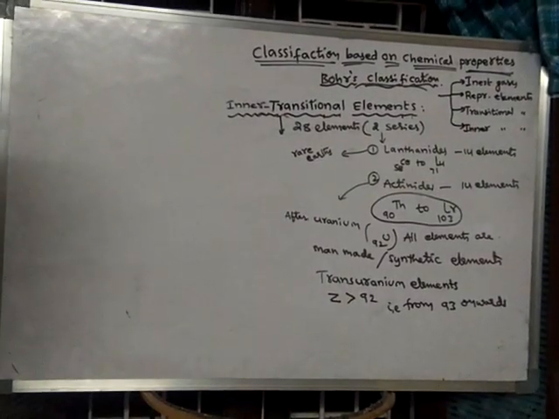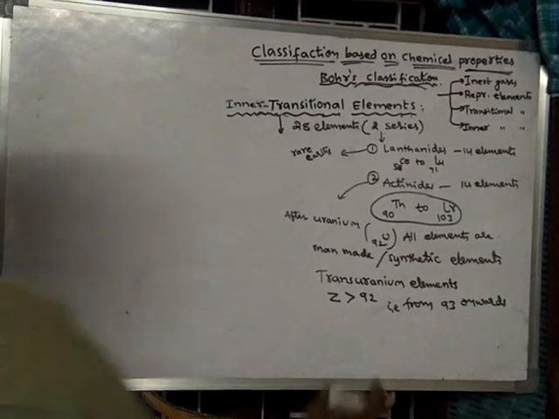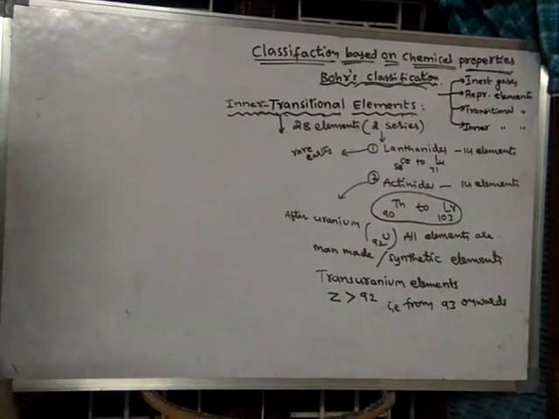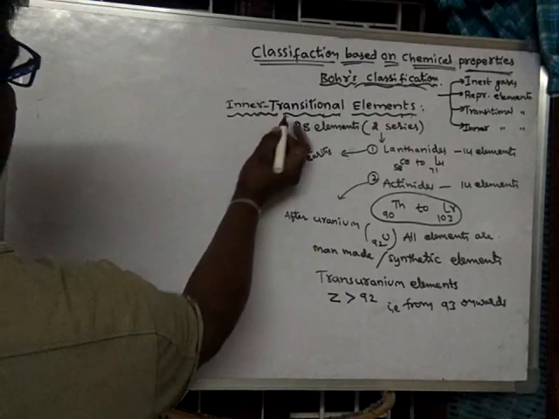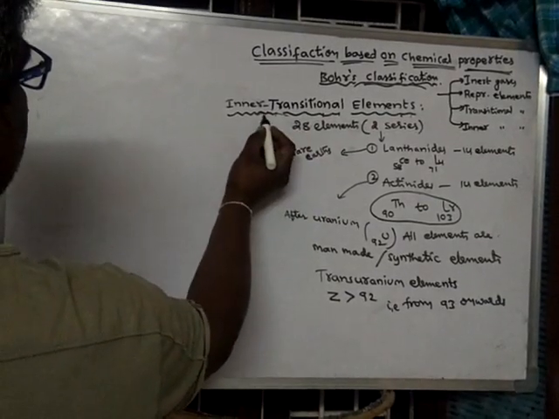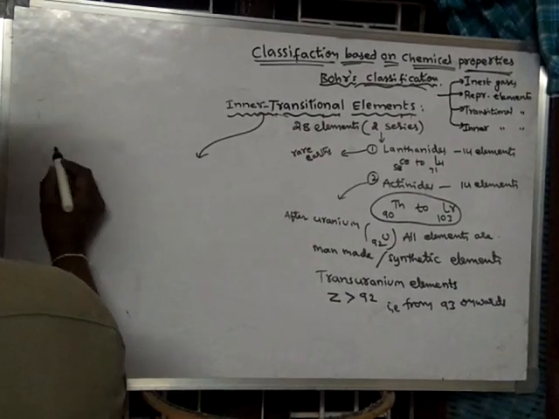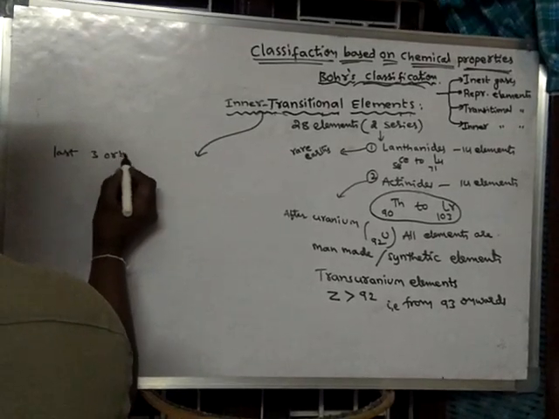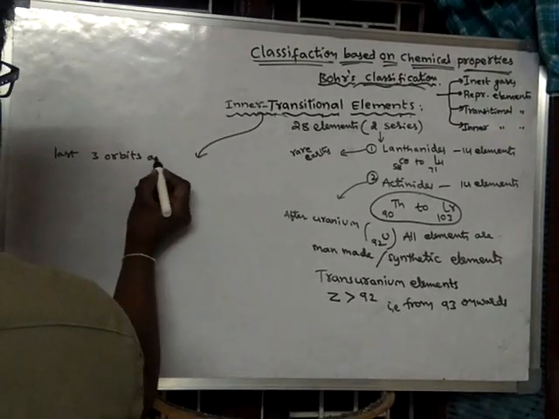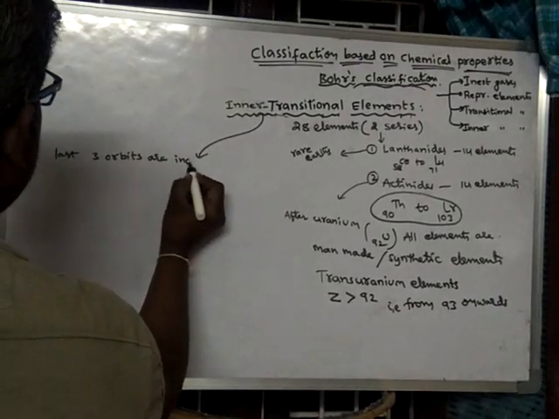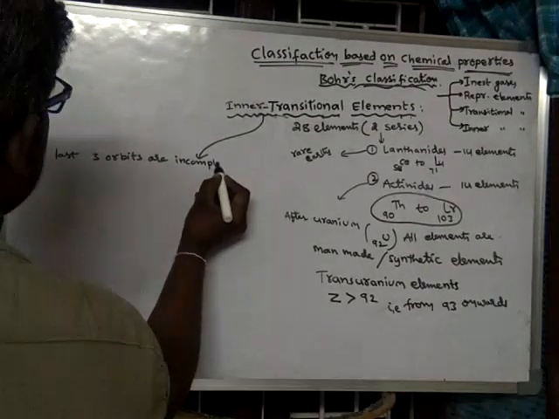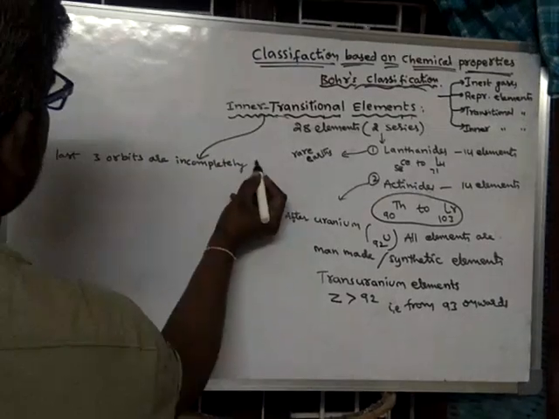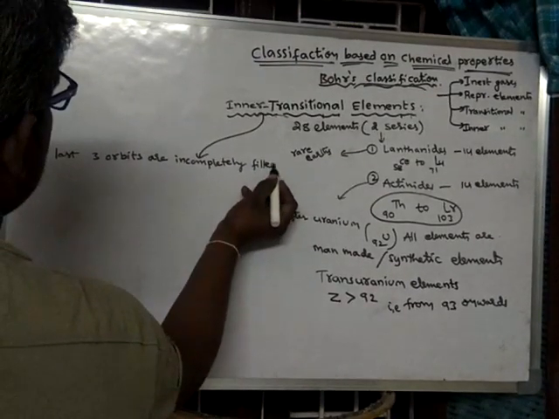Okay, right. So these are synthetic elements. And one more thing. So what are transitional elements? Actually, in all these elements, the last three orbits are incompletely filled.